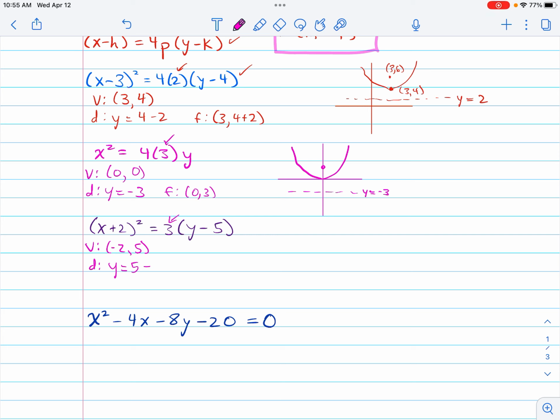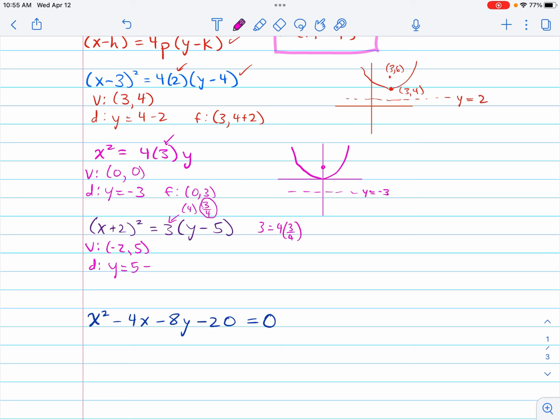We have to have 4 times something, and that something is our p. So we can say this is 3 over 4 times 4. In other words, I just multiply and divide by 4, and really I've done nothing. But you can see now that p is 3/4, because 3 equals 4 times 3/4.